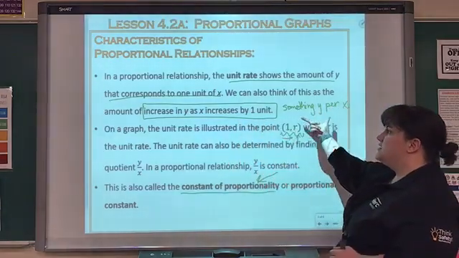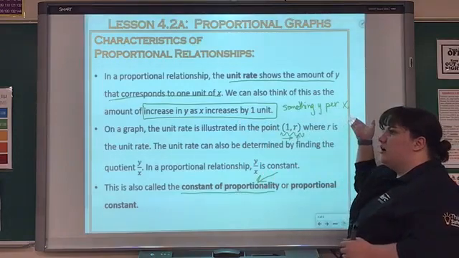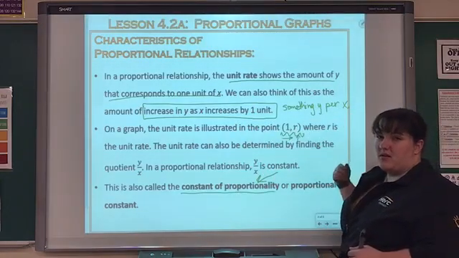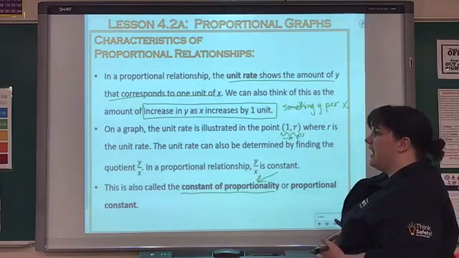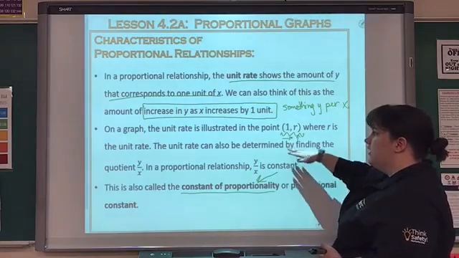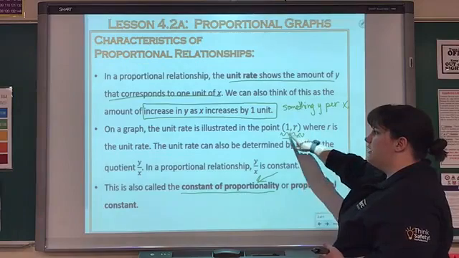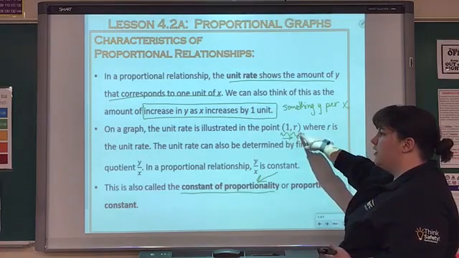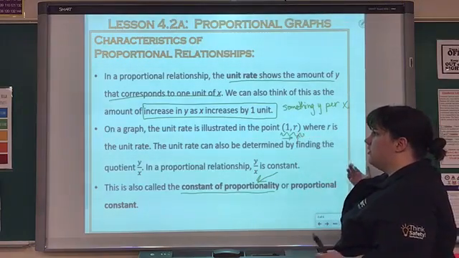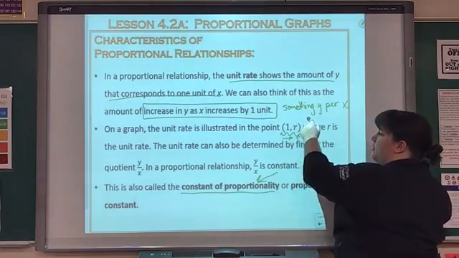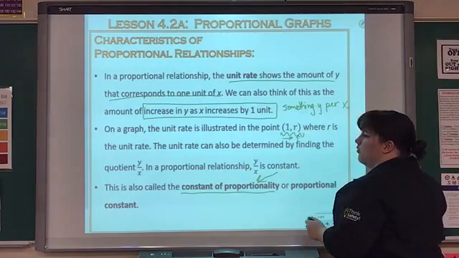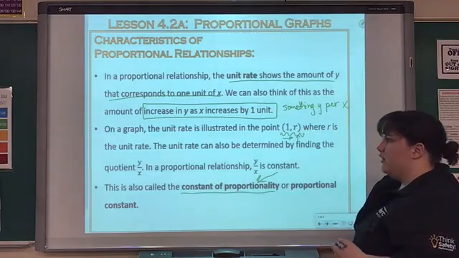We have something y per x. That's how our unit rate is set up. When we are looking at a graph, we can use the point 1 comma r, where r is our unit rate. That means we go to the right 1 and up r, whatever r is equal to.